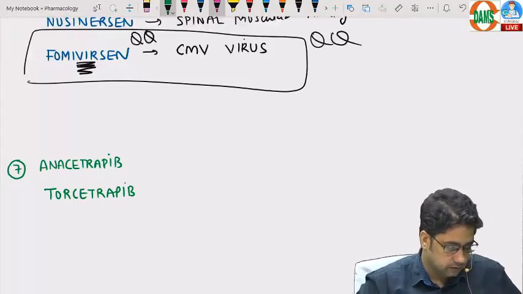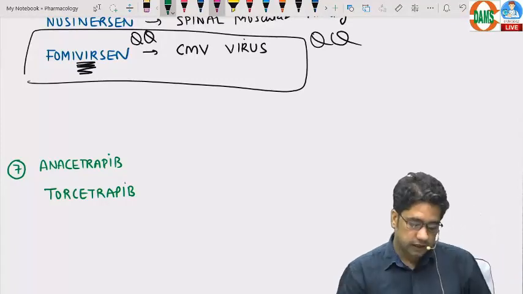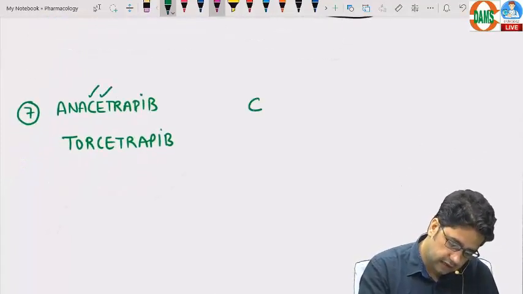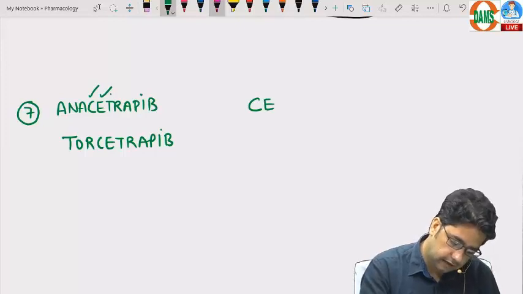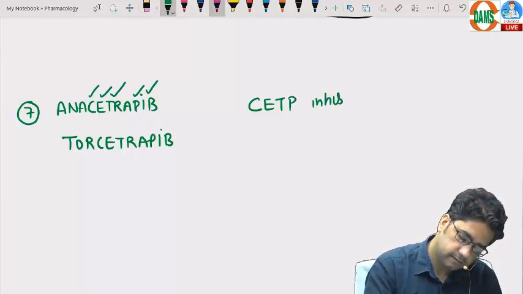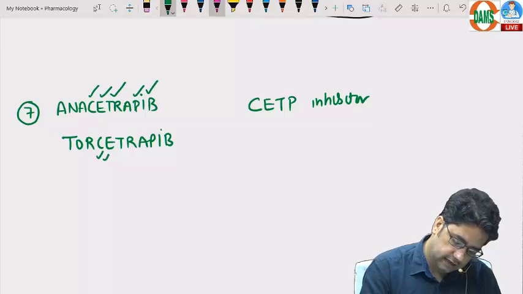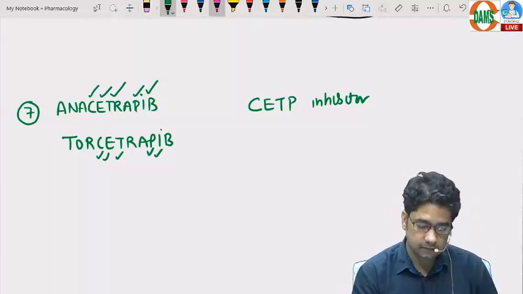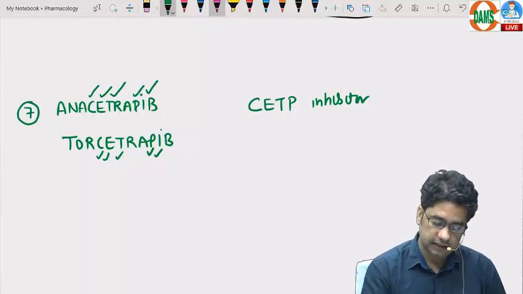Last drug. This is the last drug. Sir, see this drug: CETP inhibitor. Sir, tell me, what was the function of CETP?